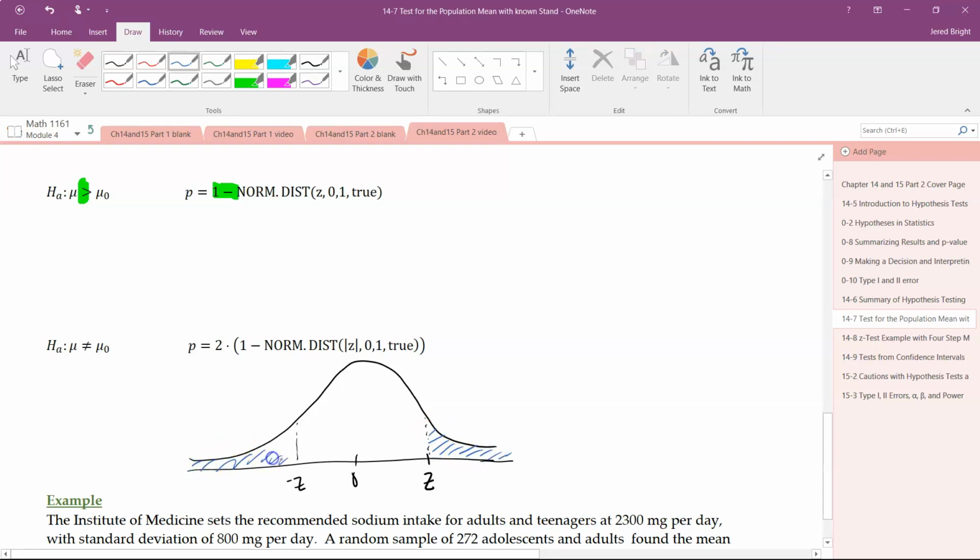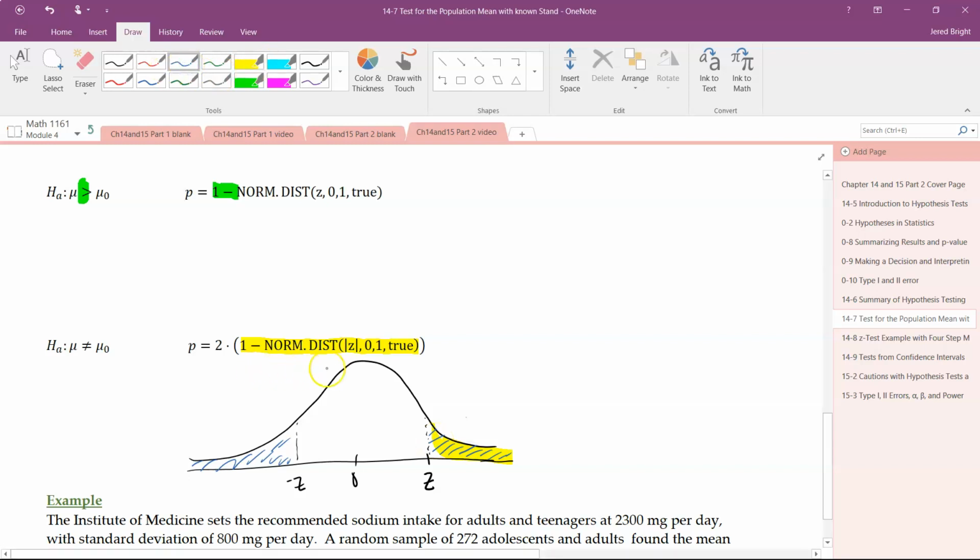So to help you calculate both of these areas, what we do is calculate one of them and double it since it's symmetric. So I'm doing the upper part, so I would do 1 minus norm.dist. So this part in here would give me this tail, and then I just multiply by 2.